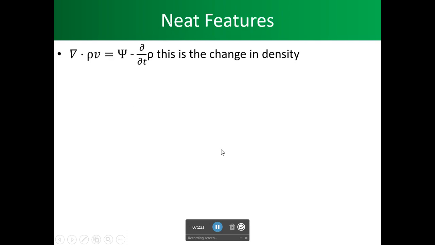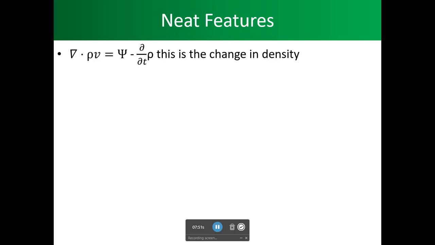Okay, so what are the neat features? We got some neat features here. If you have your rho and your velocity, and you multiply it times del, you'll get the partial with respect to t of the density.